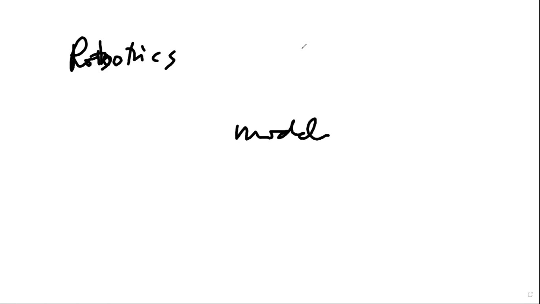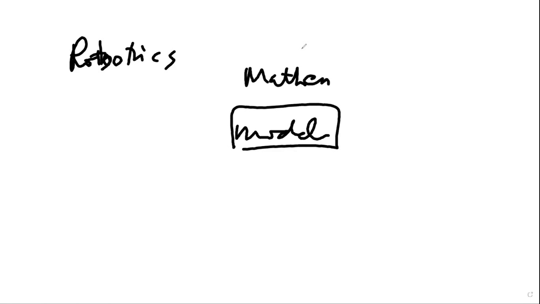In the coming weeks, we base on the model to explore each individual box. This model is a mathematical model, and a mathematical model would eventually go into your robot design.